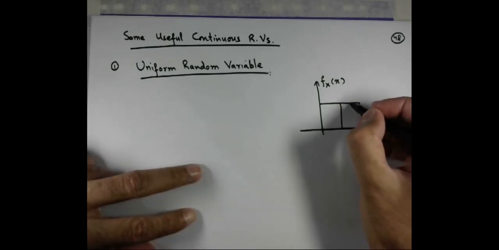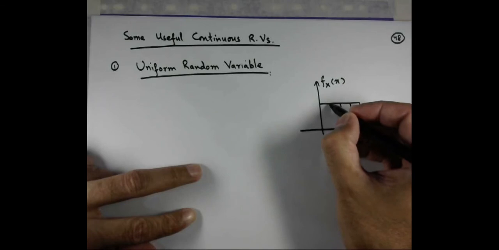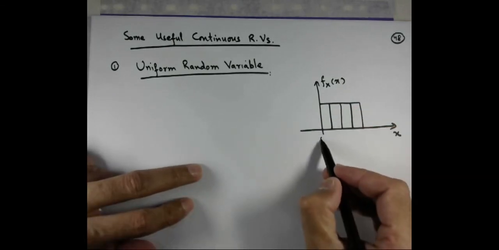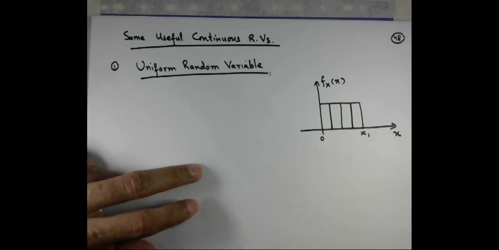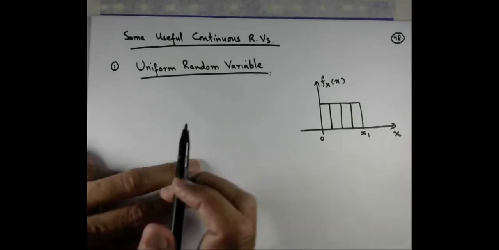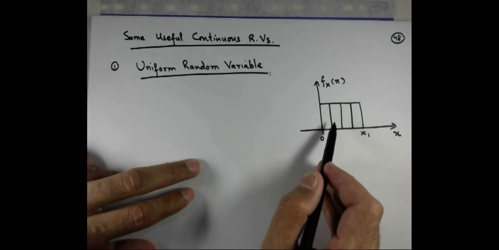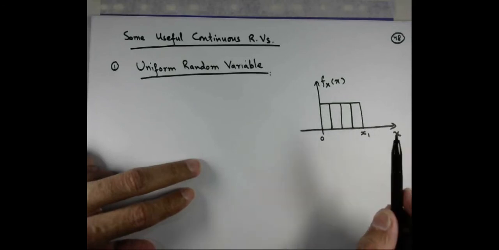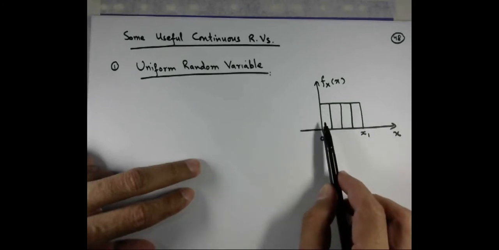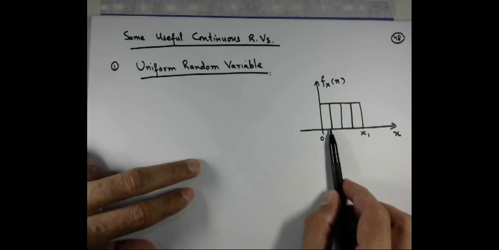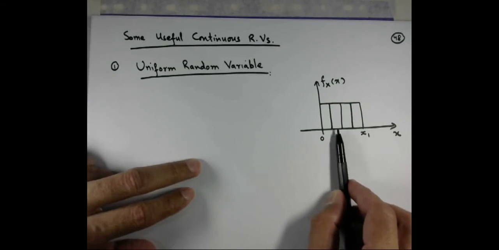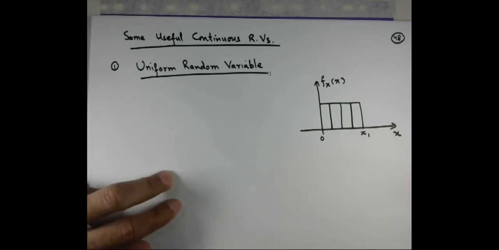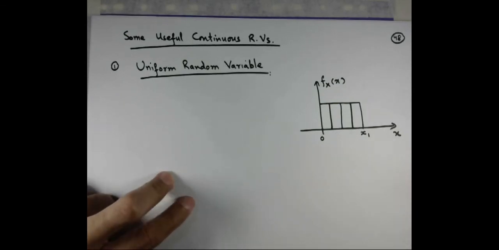Now, if you divide this whole interval, say from 0 to x1, into 4 parts, this is again a uniformly distributed continuous random variable, and it means that the probability of each interval is equal to the probability of any other interval of the same size. This is important. Any other interval of the same size.